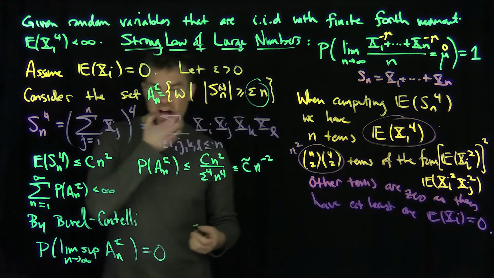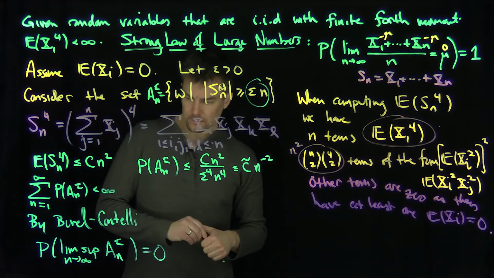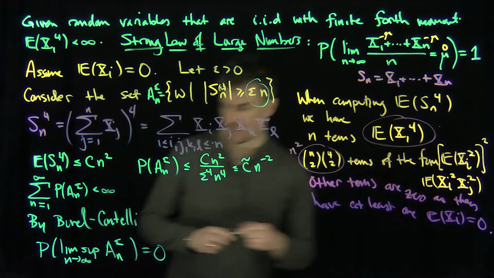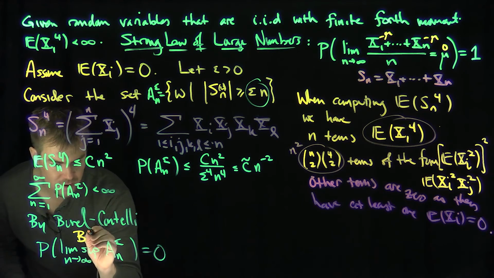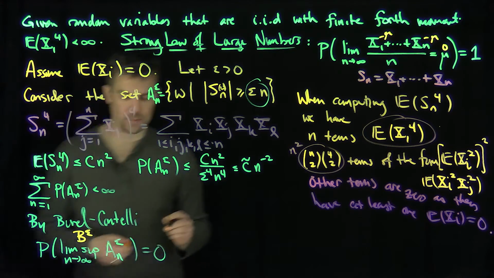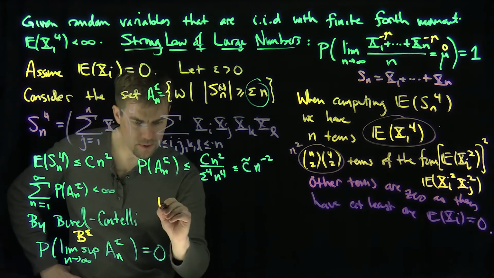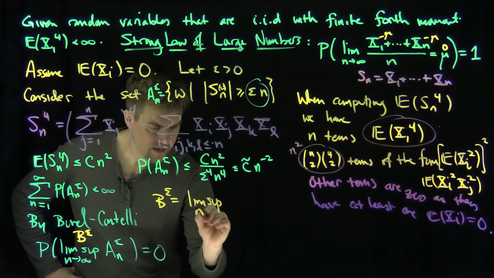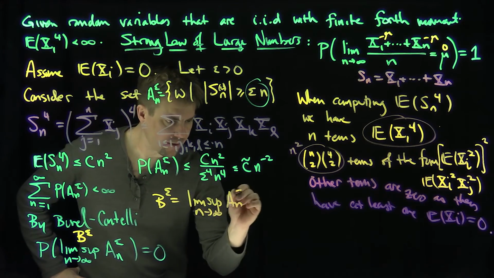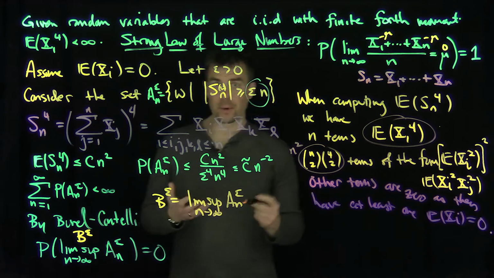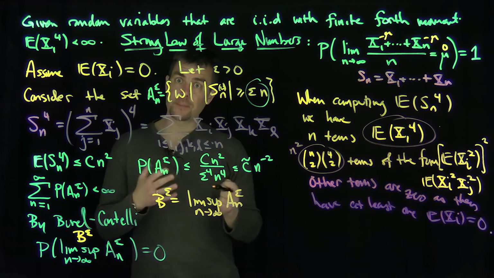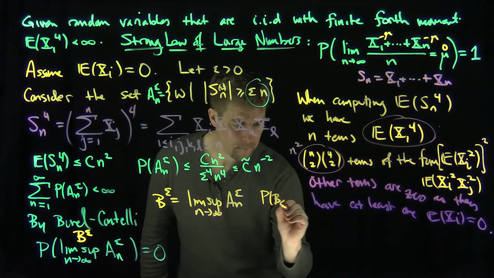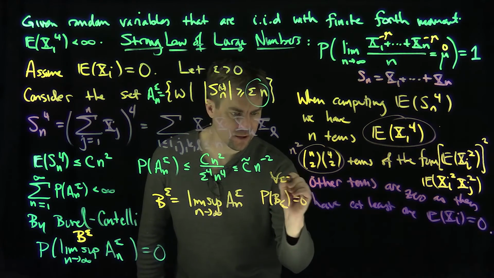That's great news for us, because now we can define these lim sups. I'm going to call those B epsilon, the lim sup as n goes to infinity of An epsilon. And so the probability of B epsilon is equal to 0 for all epsilon greater than 0.